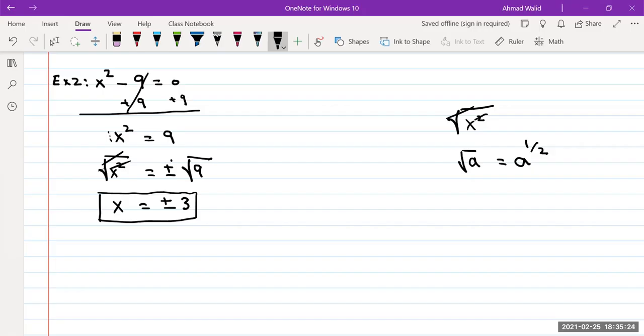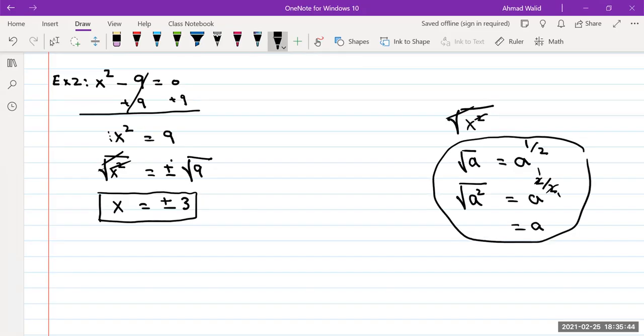Now, if you have the square root of a squared, it means a to the power of 2 over 2. And here, if you simplify 2 with 2, you end up with a. We are not going this long way. That's why I always just cancel the square root with the square under the square root, and I'll just write x, correct? But that's the reason behind it.